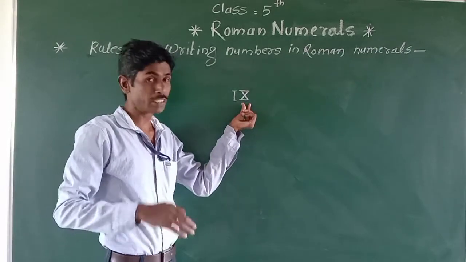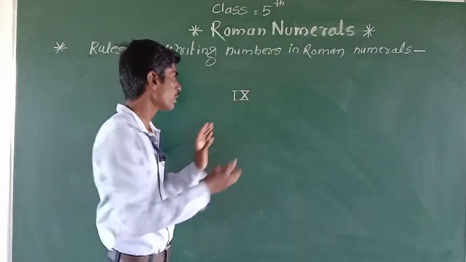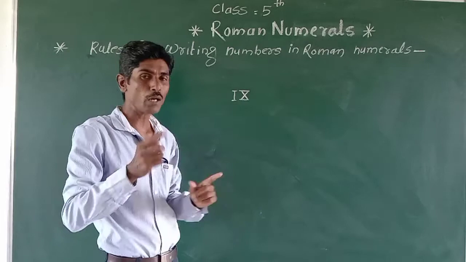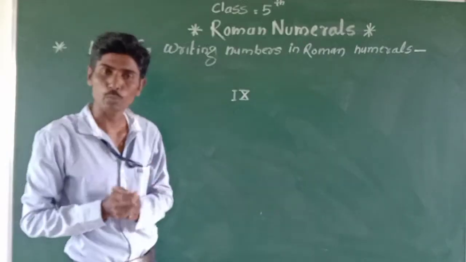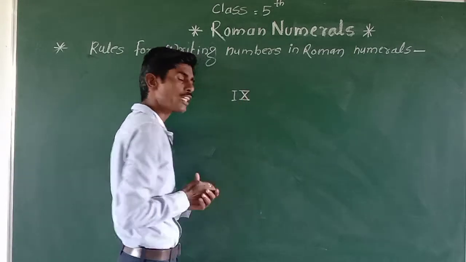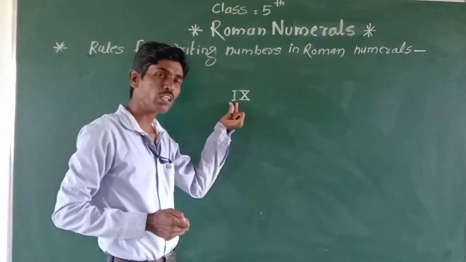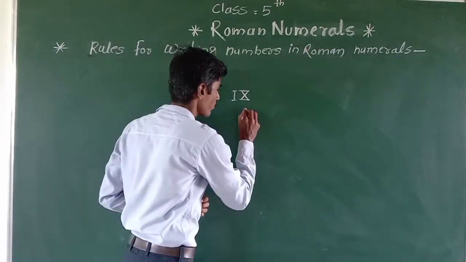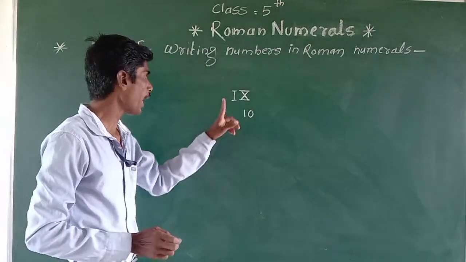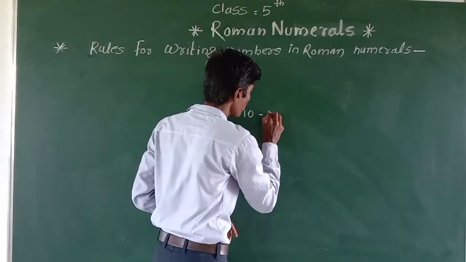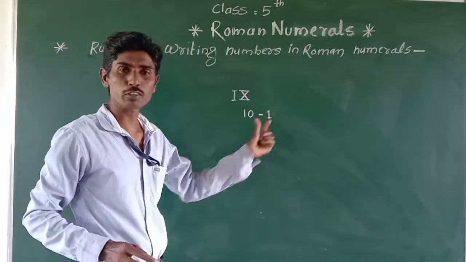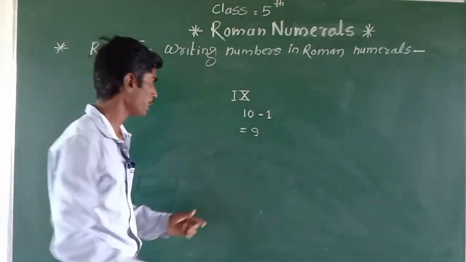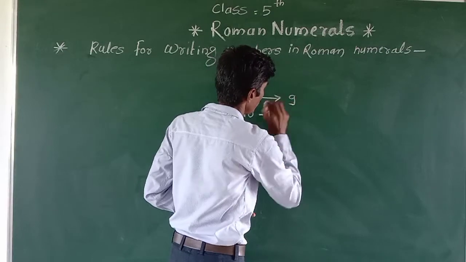Obviously 10 is larger than 1, but the smaller numeral is on the left side of the larger numeral, so we do subtraction only. While subtracting, you subtract the smaller number from the larger number. X means 10 and I means 1, so 10 minus 1 is 9. So the value of IX is 9. Got it?